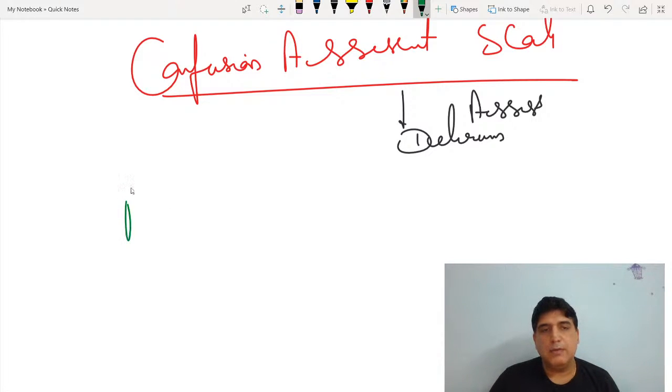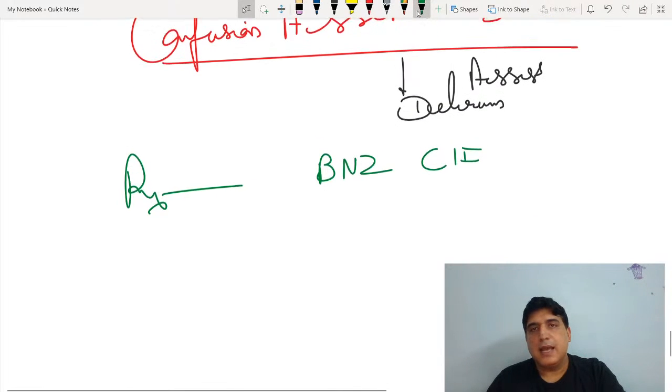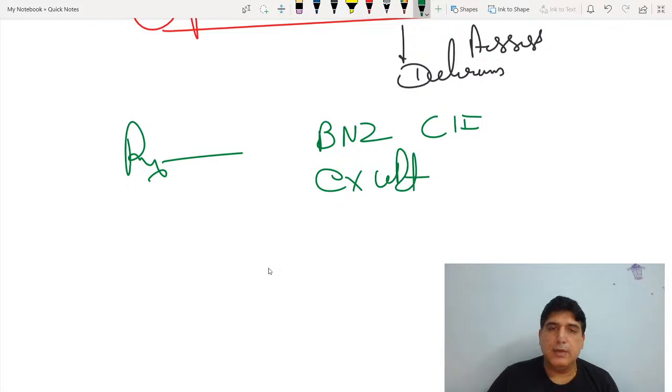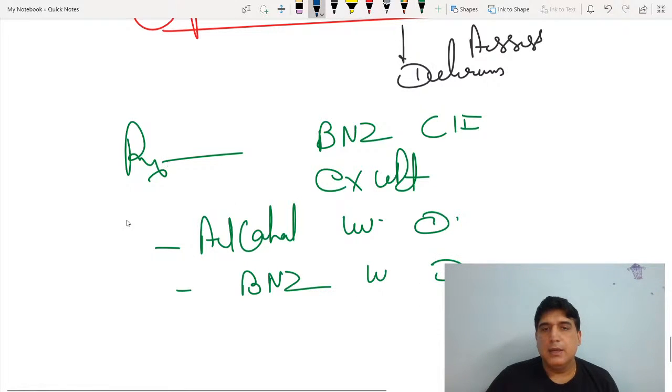The treatment of delirium, very important. Point number 1, benzodiazepines are contraindicated because they cause cognitive deficit, except in alcohol withdrawal delirium and benzodiazepine withdrawal delirium, as already discussed in classes.